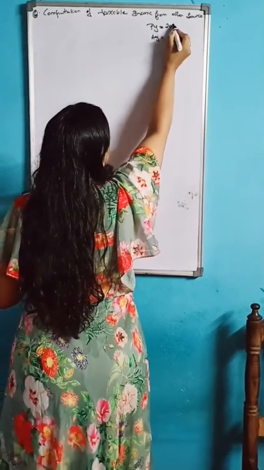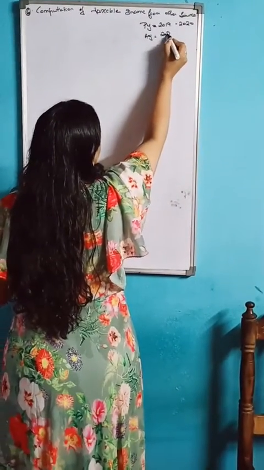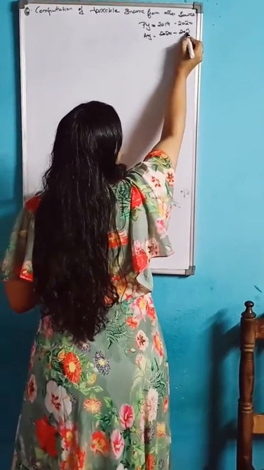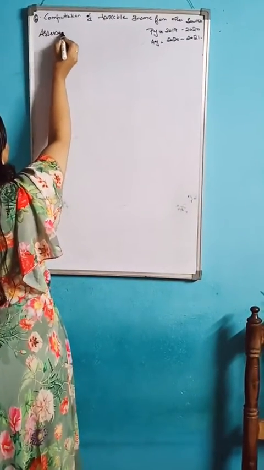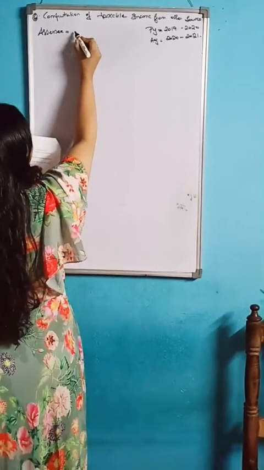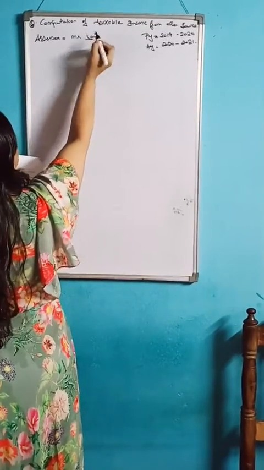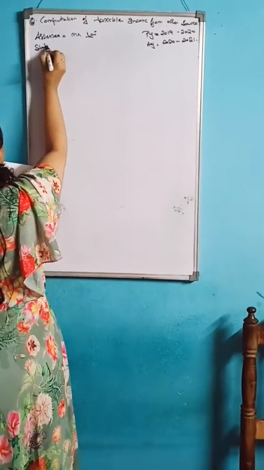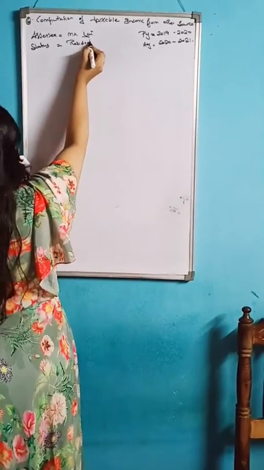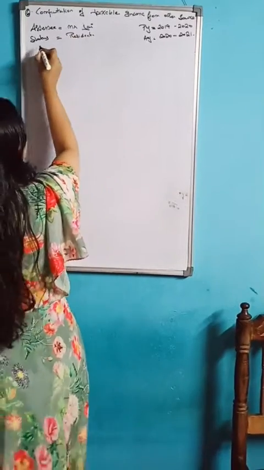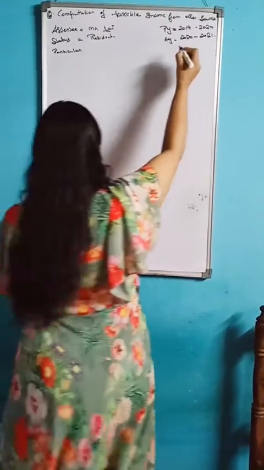So 2019 to 2020, 2020 to 2021. Next one is Mr. J. Status is resident. Particulars and amount column.